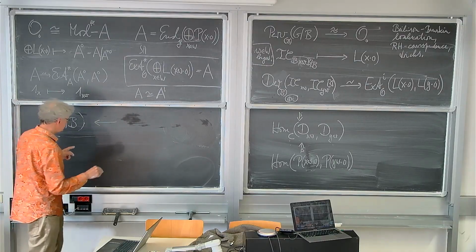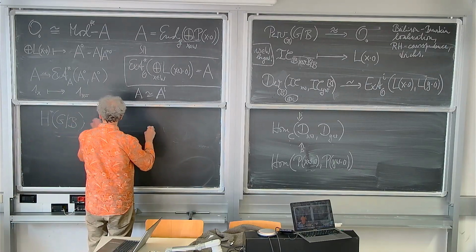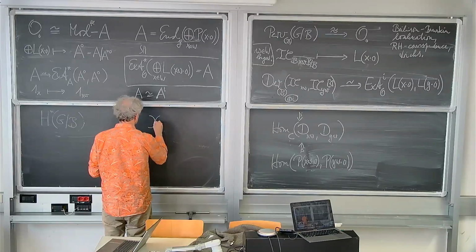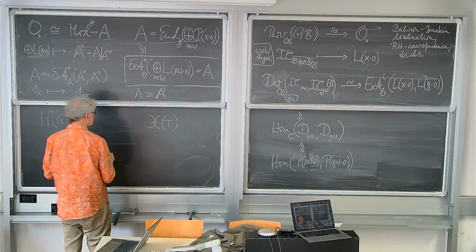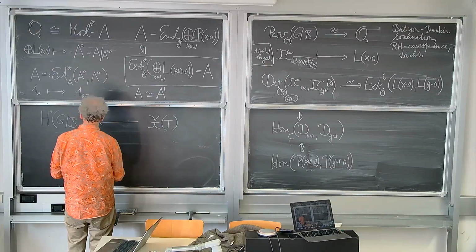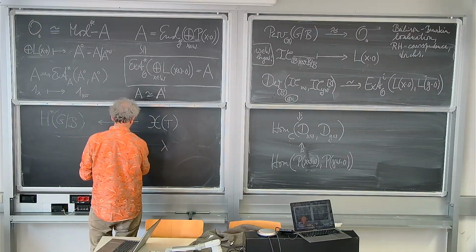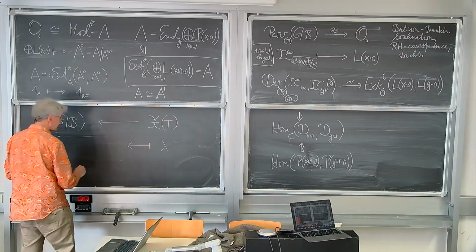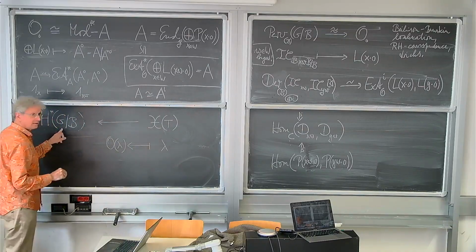You make a map from the characters of the maximal torus, and you map it here. In the following way, if you have such a character, then you can associate to it an alignment. You say, oh, lambda will be an alignment here.